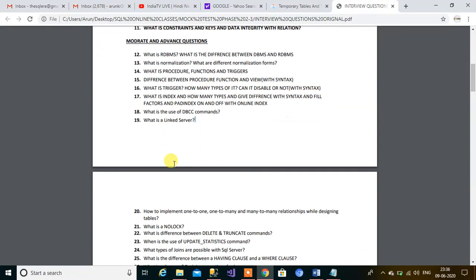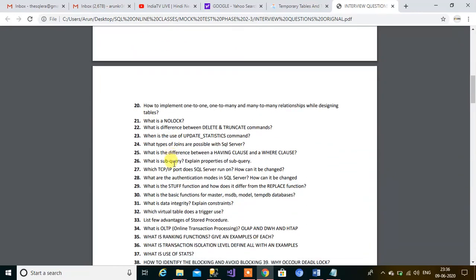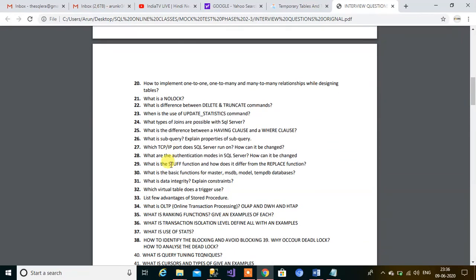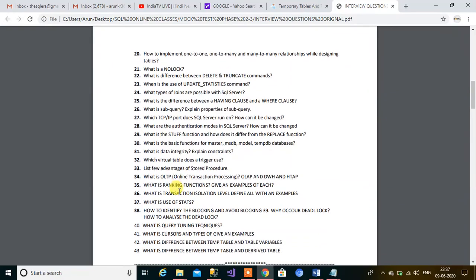The next module has some different questions, such as TCP/IP, advantages of stored procedures, and virtual tables. Don't worry about those. But the maximum questions are related to your interviews.